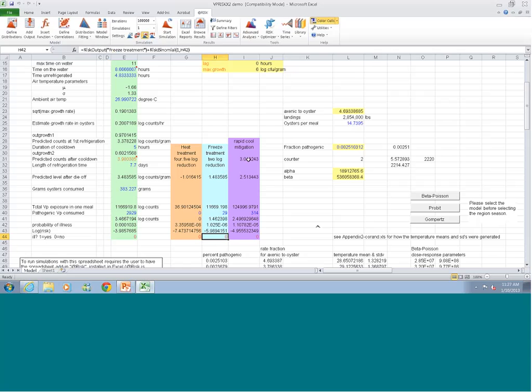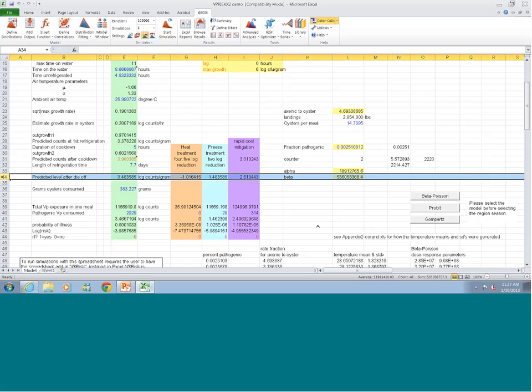And there was a third risk mitigation measure that was used, and you can see it in the purple cell. It's basically saying, suppose we had rapid cool mitigation. Suppose we passed a regulation that said you've got to get those oysters cooled down within an hour of the time they're caught.